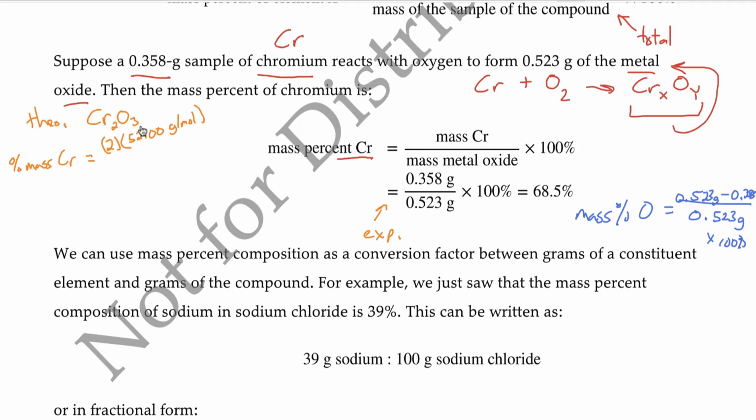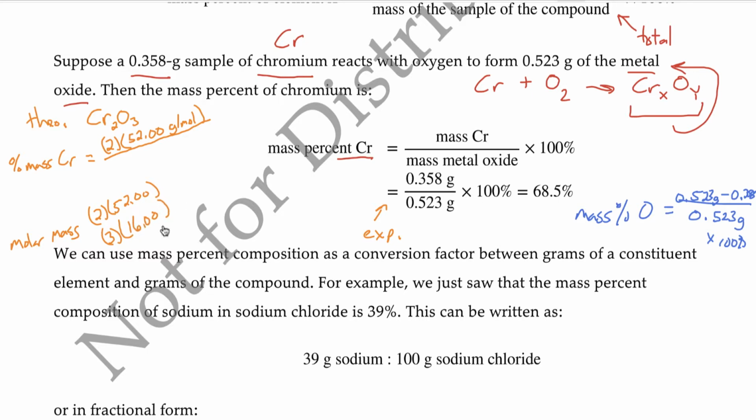Now the total mass here, if I want to do the molar mass of this chromium oxide, what I have to do is take inventory of the entire set of atoms that I have here. I have 2 chromiums, so each chromium weighs 52.00. I'm going to drop the units just for simplicity here. Oxygen, well, I can see there's 3 atoms there. Each oxygen weighs 16.00.